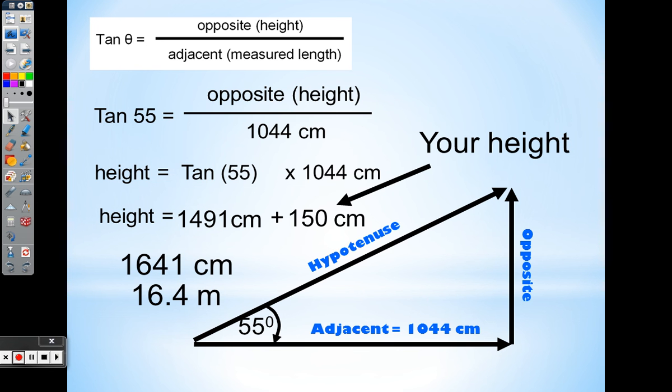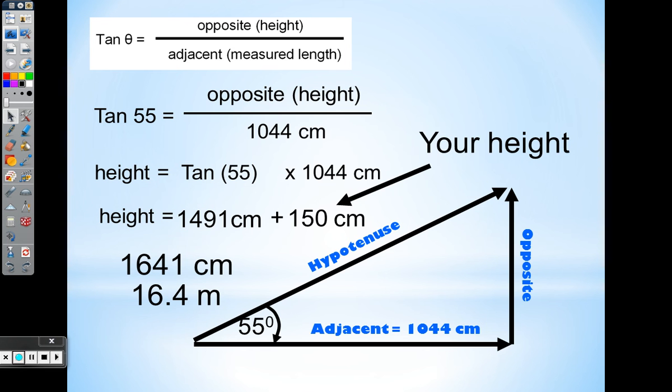Show me what you're putting. Tangent, no. Oh, tangent. There's your problem. Yep. And then you add your 1.5 to your height. I got 0.